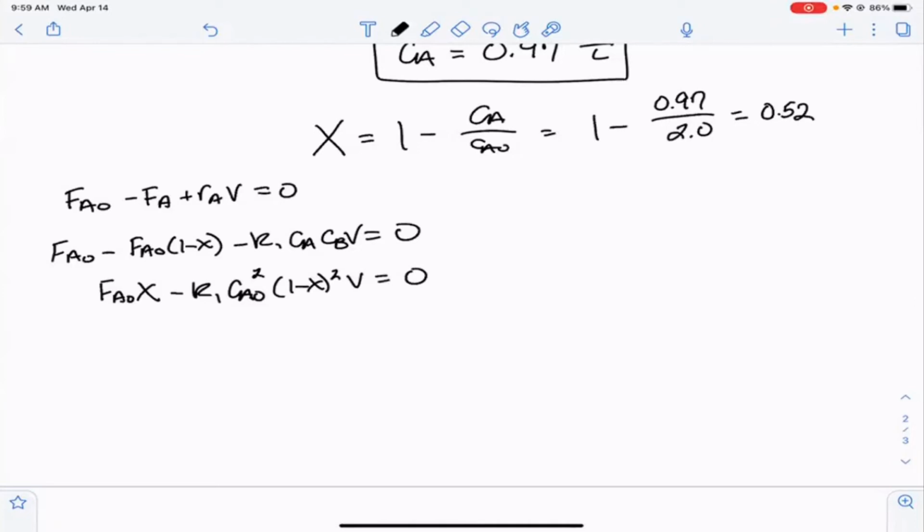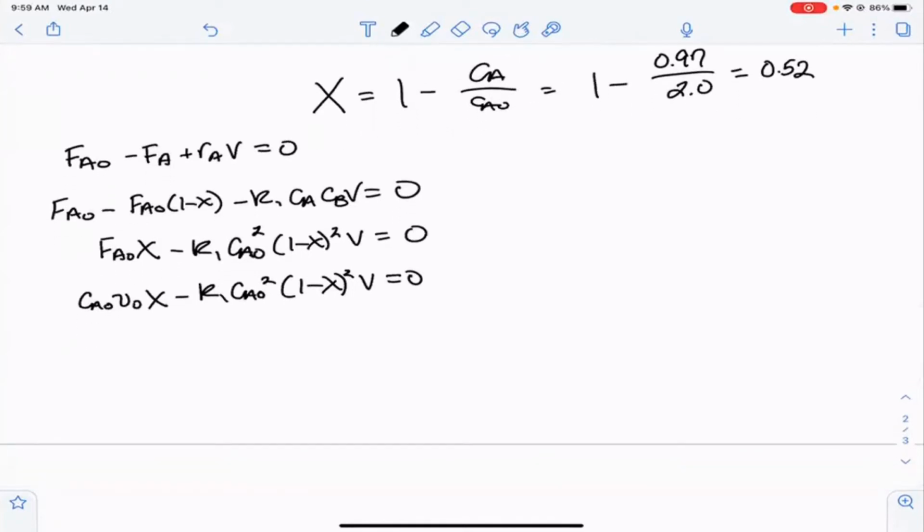We then also can write FA0X as CA0V0X minus K1 CA0 squared times 1 minus X squared times the volume is equal to 0. And we could divide through by CA0 times V0, and we get X minus K1 CA0 times 1 minus X squared times tau is equal to 0.